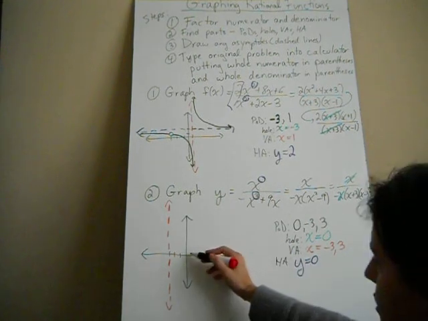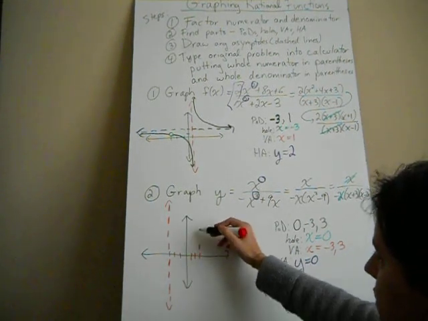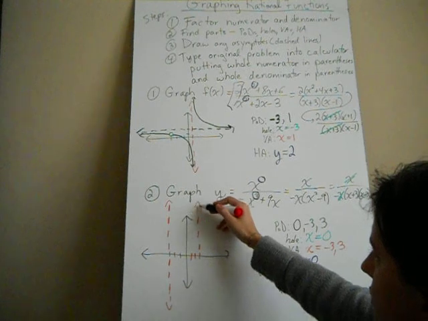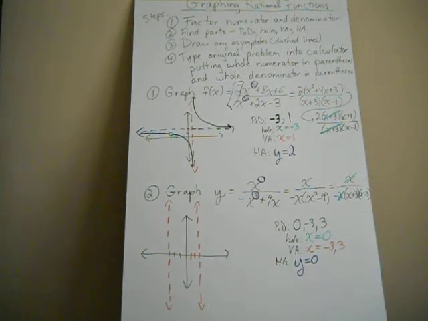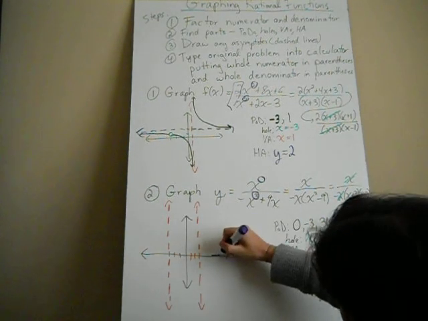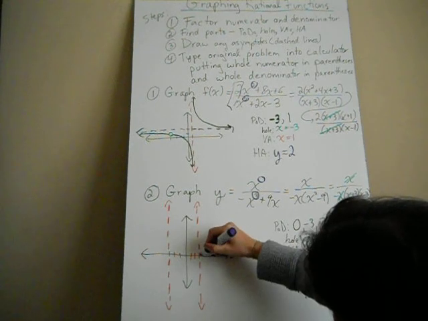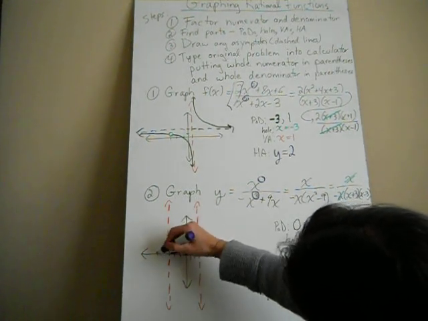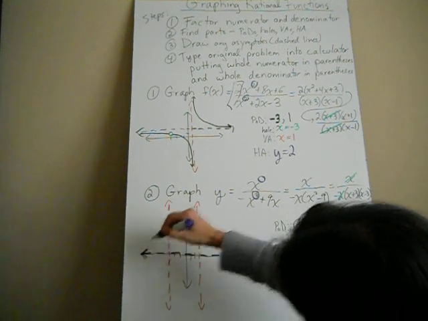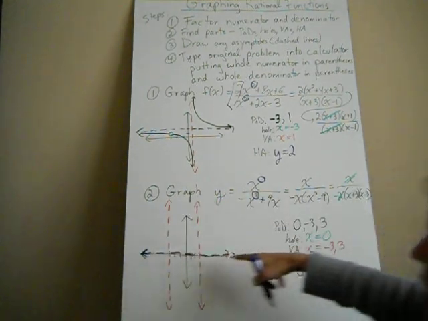Where x is 3, we're going to have the same thing. And then we're going to have a horizontal at y equals 0. And this is a little weird because that is your x-axis, so just make sure it's clear when you're drawing this that you have some kind of dashed line on that x-axis.